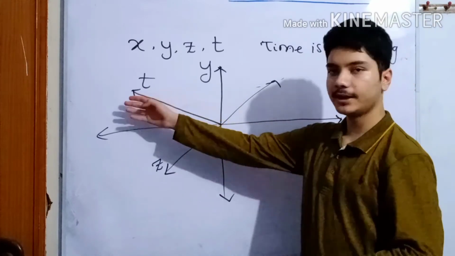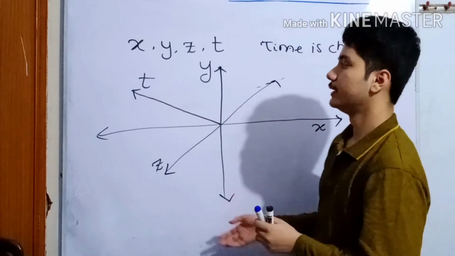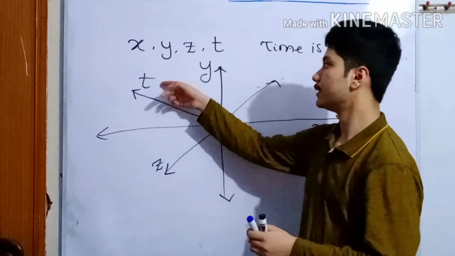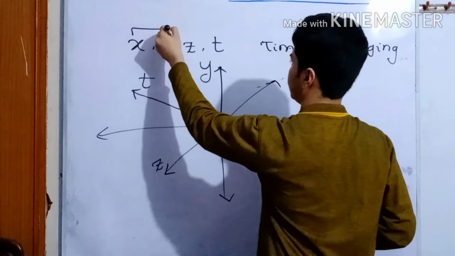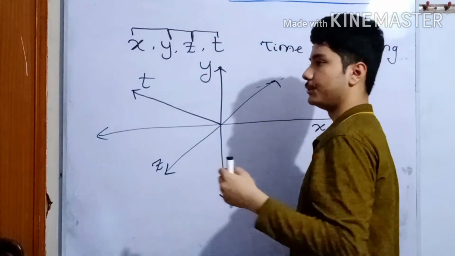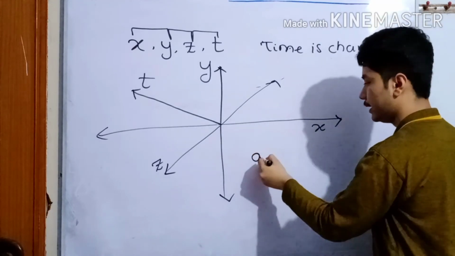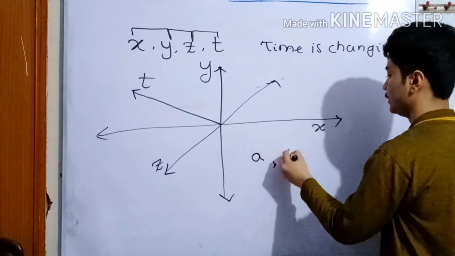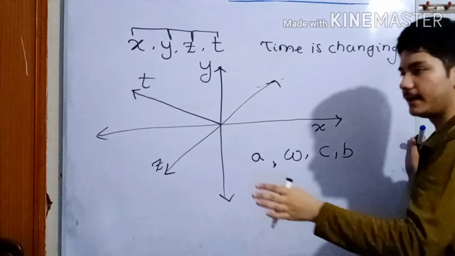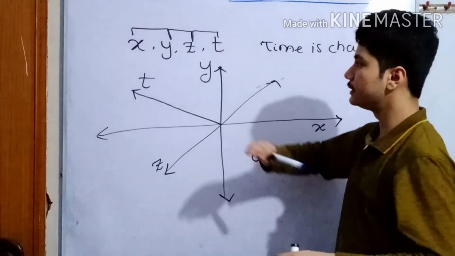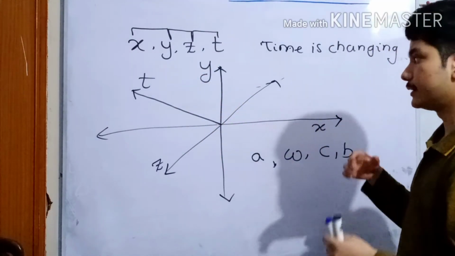That is why it is a variable, and Einstein declared it as the 4th dimension. That is why time is considered a variable. So this is the main logic for x, y, z, t. But you cannot go deeper, because sometimes we use a or w as a variable, or b or c, any alphabet you can take. It's up to you, but these are the most usually used, and this is the logic behind them.